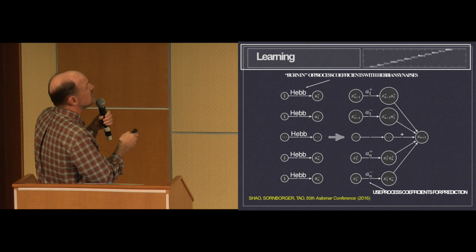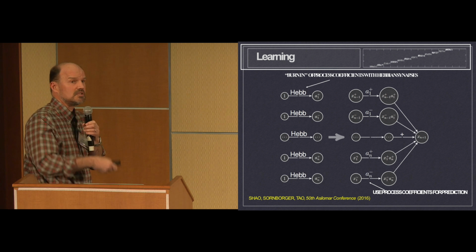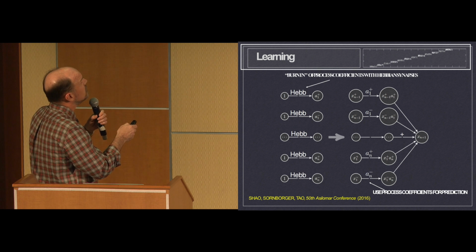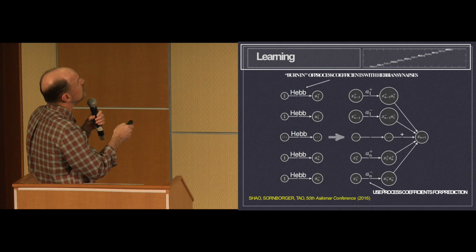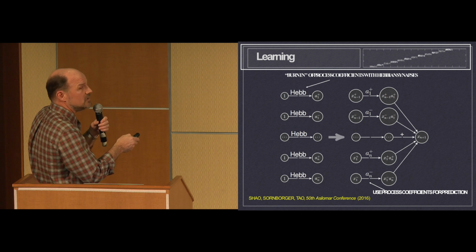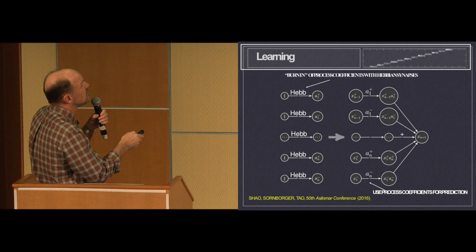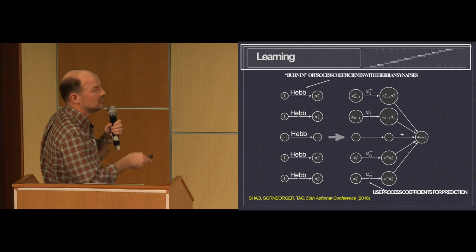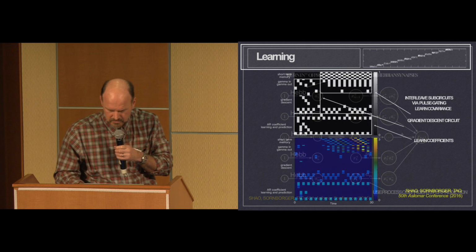We write them at the same time, so Hebbian learning turns on, and the covariance between these values is the value of this itself. So we burn the process coefficients into these Hebbian synapses. And then later we can use this by writing the time series into this side, gating it through these synapses, forming these products, and then summing them up and getting the prediction.